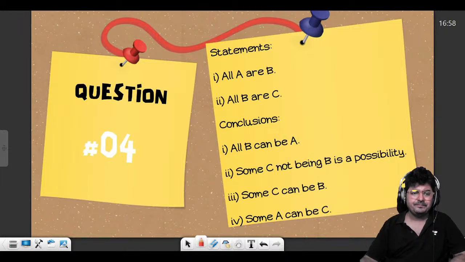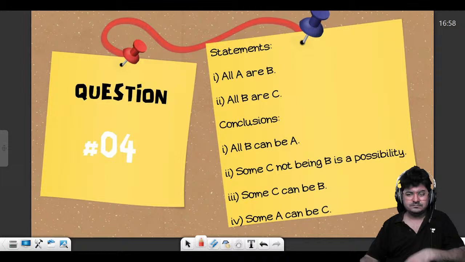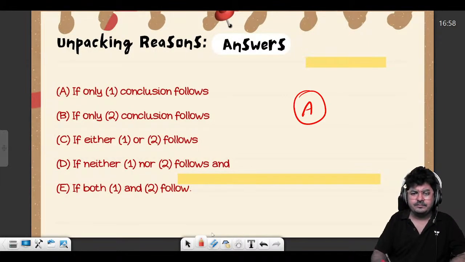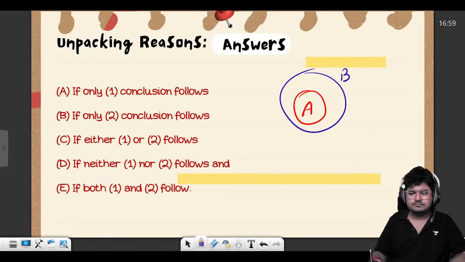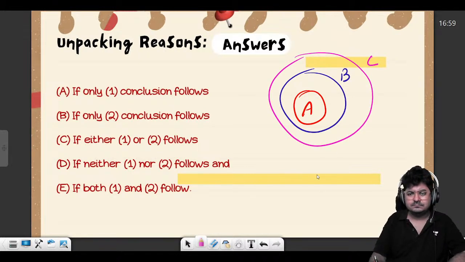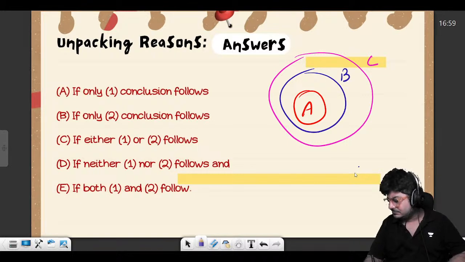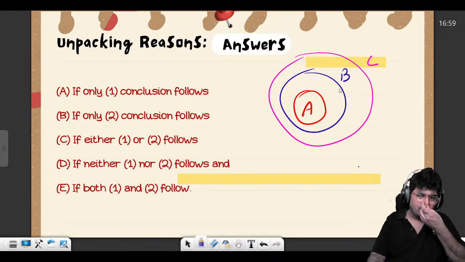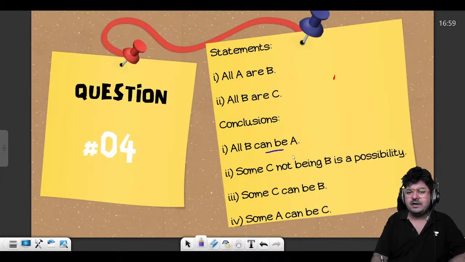Okay, let's see. All A are B. All B are C. So all B can be A. Can be, here the possibility came in.